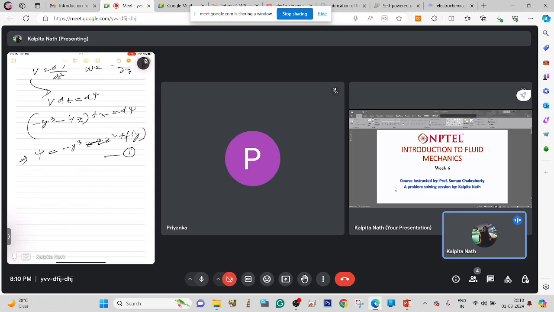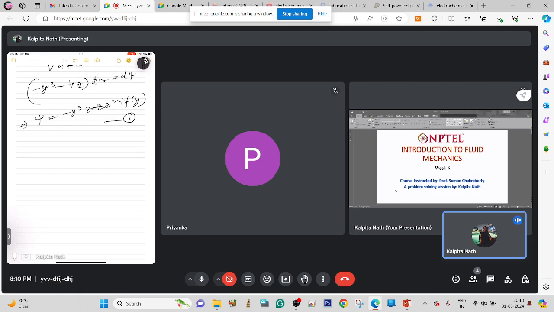This is equation 1. For w, minus w dy is equal to d psi. So minus 3y square z dy is equal to d psi, so psi will be minus y cube z plus a function of z.